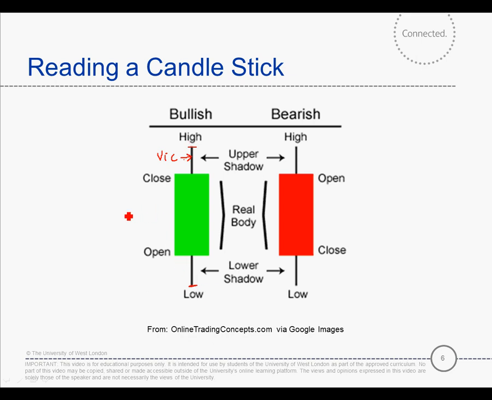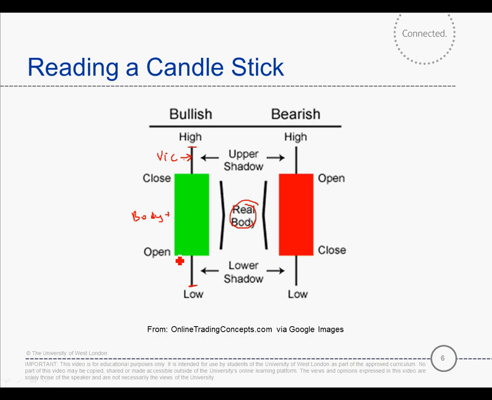Now here we have the body of the candle. This is the body of the candle, or what we call the real body. If the candle is green, what that means is, as a result of trading, the price has gone up, meaning the price at which the market closed is greater than the price at which it opened.